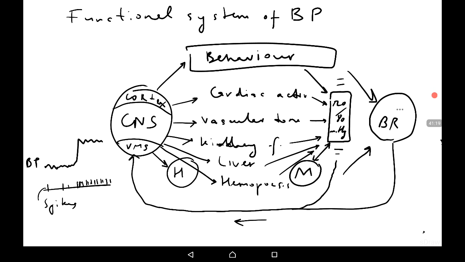Instead, this high blood pressure changes the functional activity of baroreceptors. What does it mean? It means, and it should be remembered, that baroreceptors adapt to that high blood pressure. Adaptation of baroreceptors takes place. What does adaptation mean?